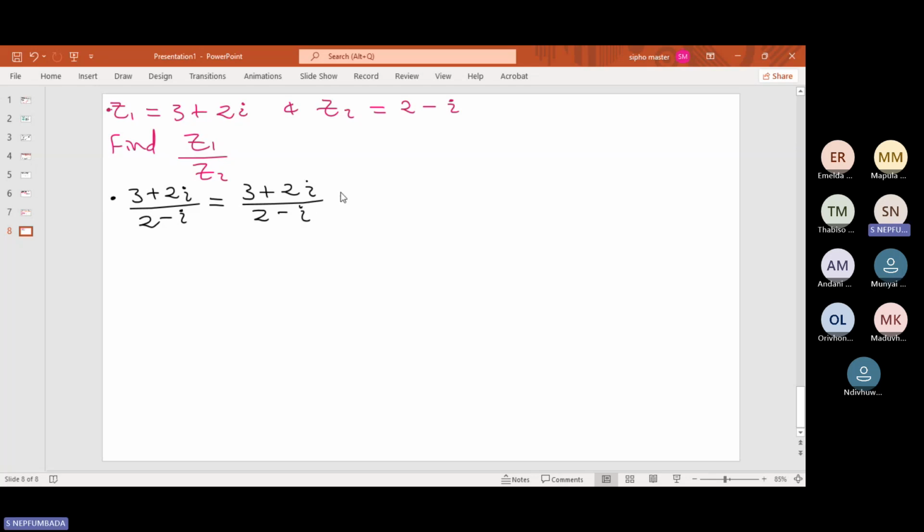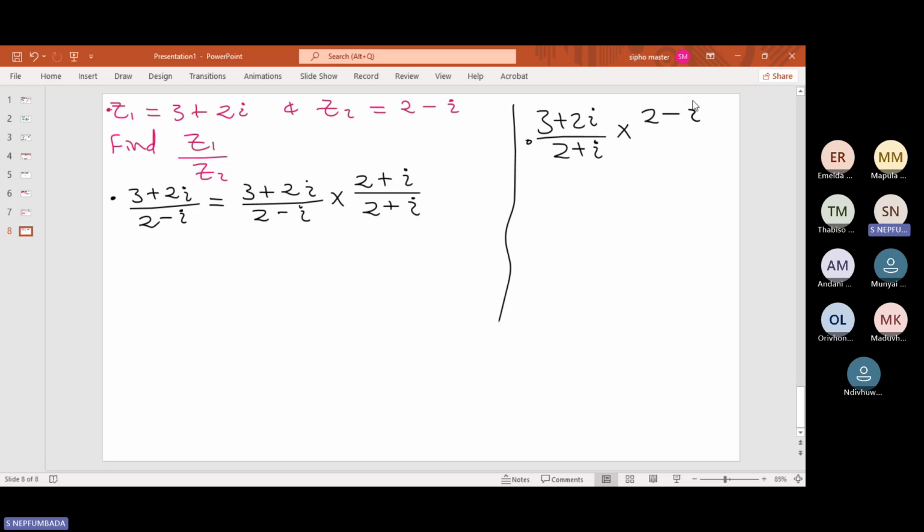Those who didn't hear what she was saying, she was asking, if the question was 3 plus 2i divided by 2 plus i, how are we going to solve it? We were going to multiply by the conjugate.